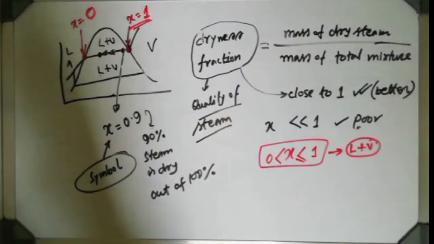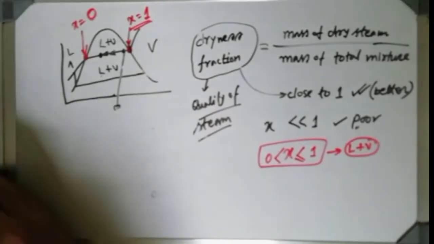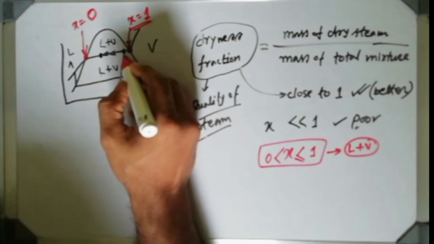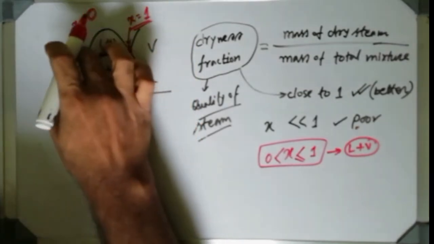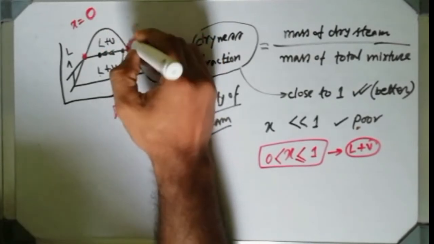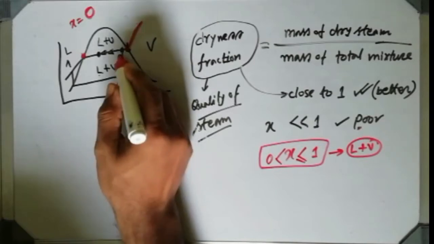Okay. Now one more thing: suppose our steam is resting over this point. Suppose I am giving it a name. If I make this picture clear, suppose our steam is resting over this point.